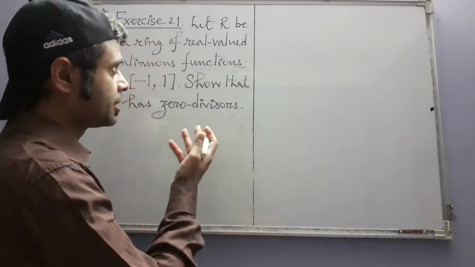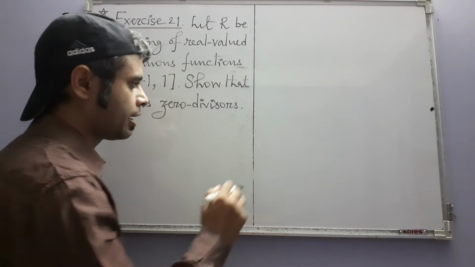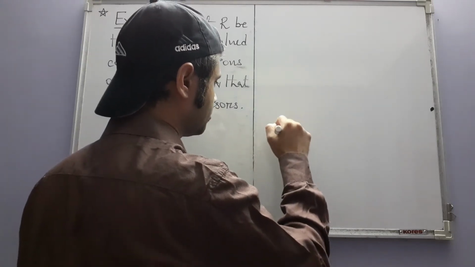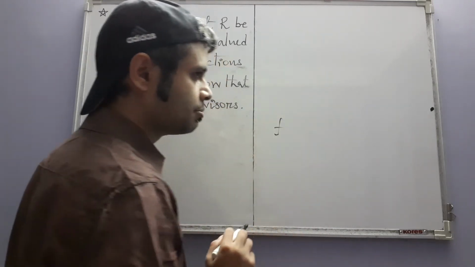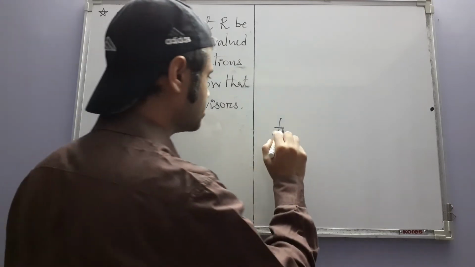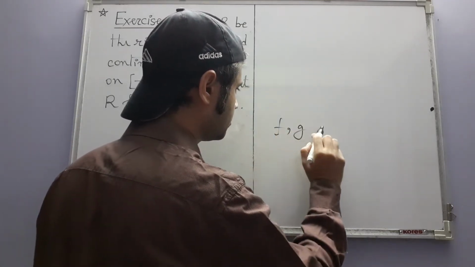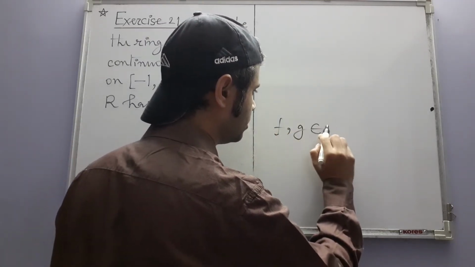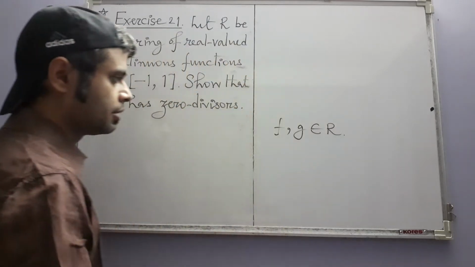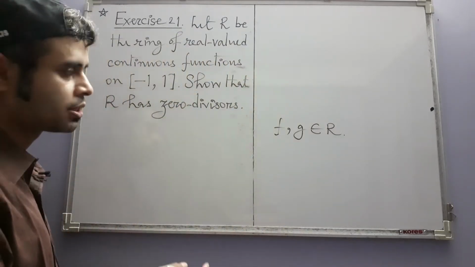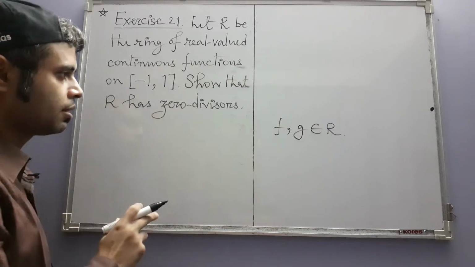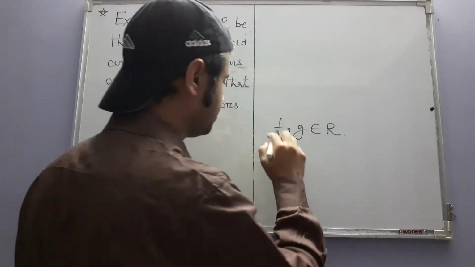We already know that this is a ring, and the addition and multiplication in this ring are of course this. Say f and g are two elements in R. Then each one of them is a continuous function with this interval as its domain.